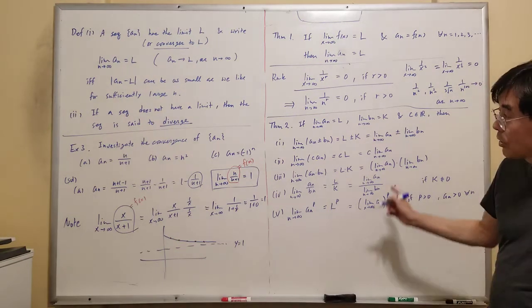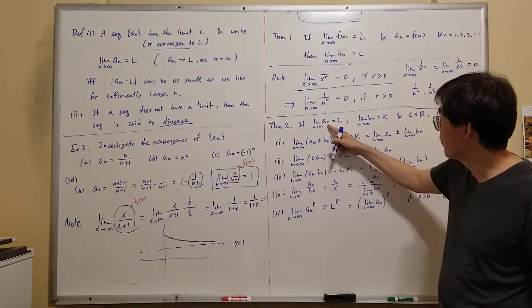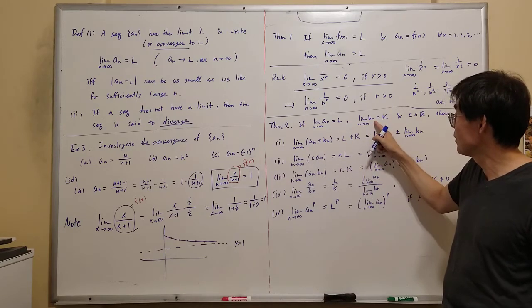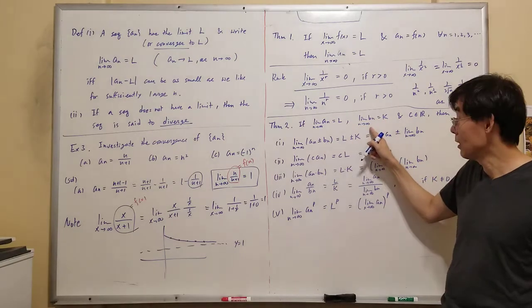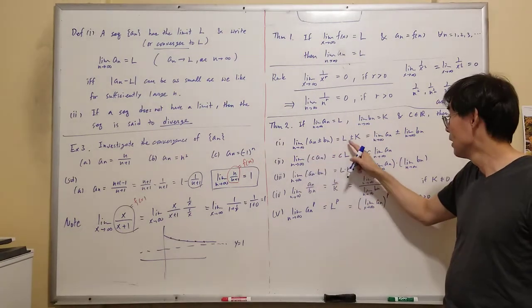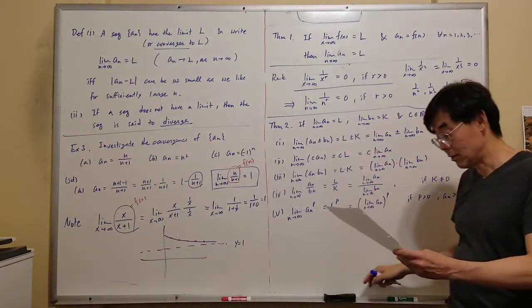Okay? Just like the function limit, we have the same thing. The limit of f of x equals L as x approaches c, the limit of g of x equals k as x approaches c. Then the limit of f of x plus or minus g of x as x approaches c will be the same as this, right? It's exactly the same kind of properties.